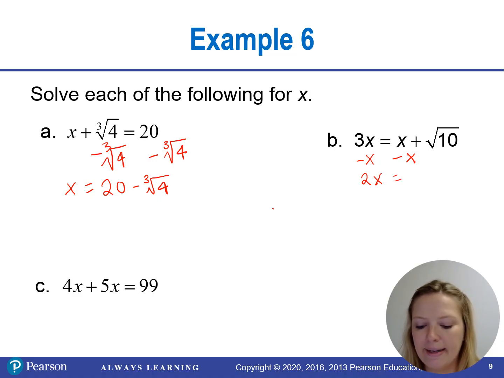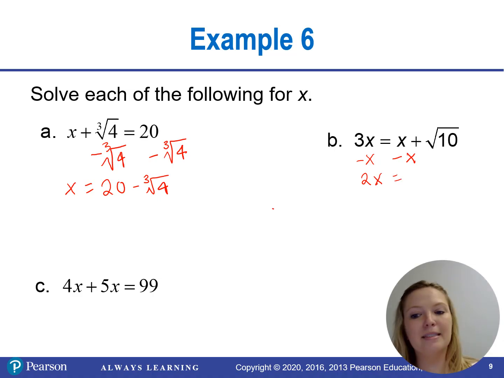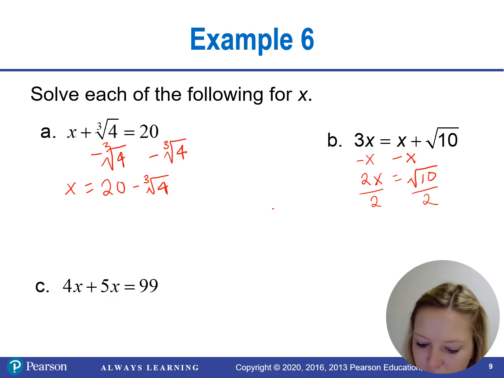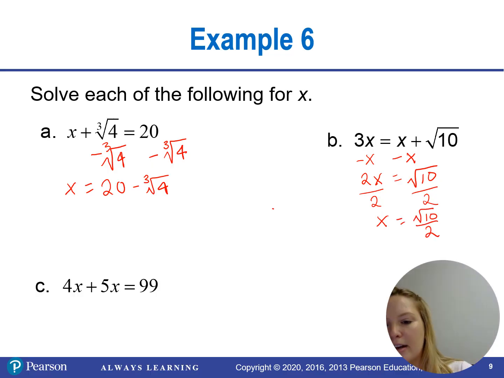And then on the right-hand side, x minus x is 0, so we're only left with the square root of 10. To get x alone, we have to divide both sides by 2, and we're left with x equals the square root of 10 over 2, and that can't be simplified anymore.